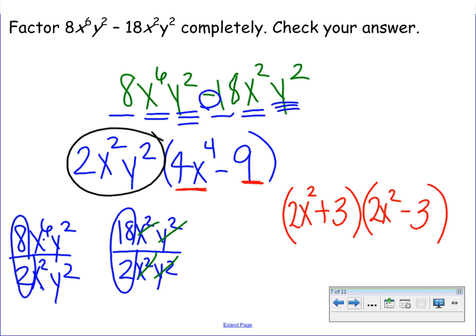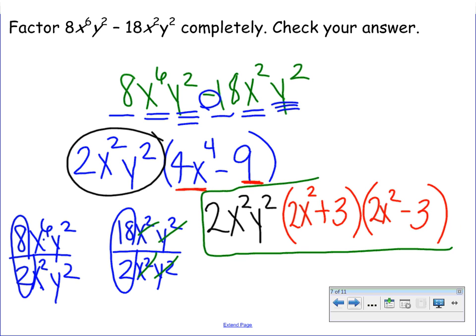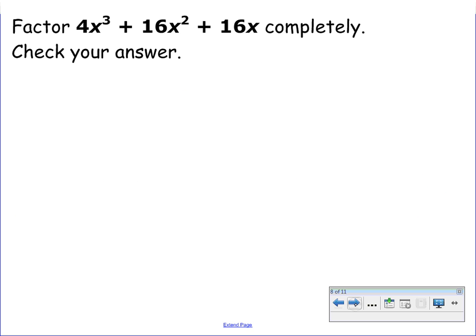I can't forget to include that in my answer. My greatest common factor is a part of the answer for sure. So it has to be included. Okay, now I want to take a look at what I have. I want to see if anything else can be factored. 2x squared plus 3 and 2x squared minus 3, those can't go any further than what they already are. So we are finished.